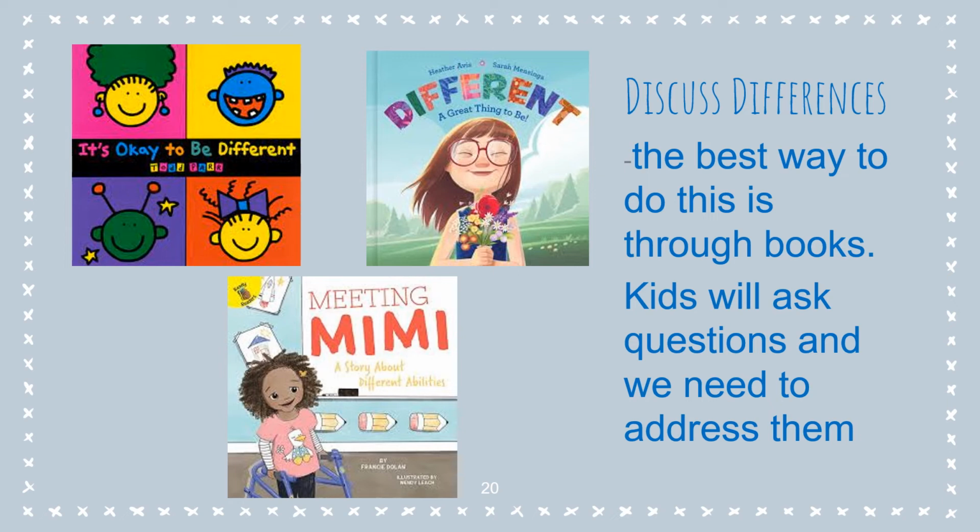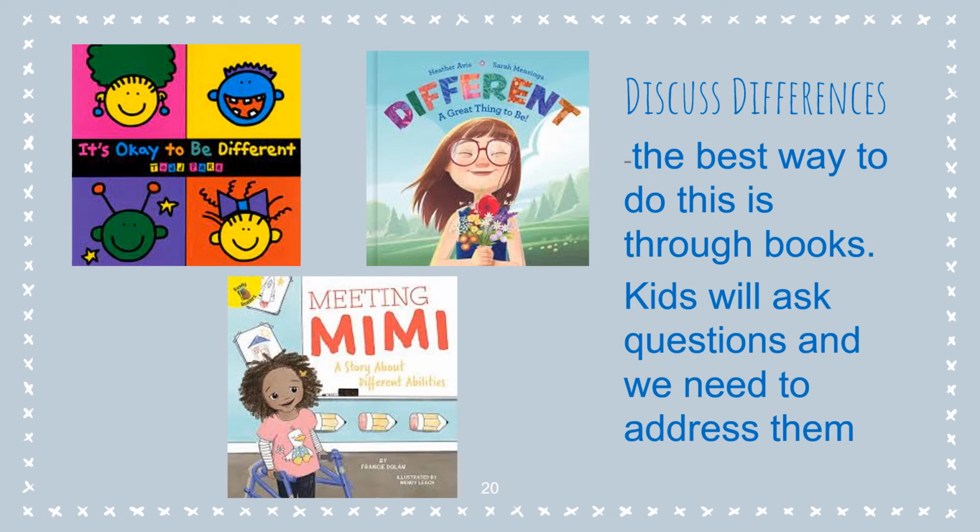So if you're blending and you have one child in a wheelchair, you need to discuss with the other children why he uses that wheelchair. Let them ask questions. Let them sit in the wheelchair. I'm sure you do this, but this again is just to be conscious about these things. And are we doing it consistently? Okay? Because maybe now in your classroom, everybody communicates by speaking.